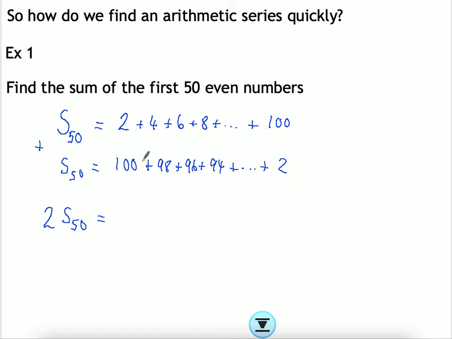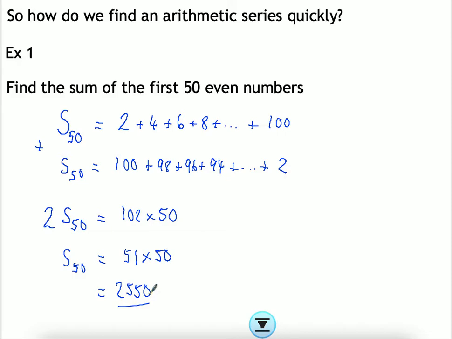But here's the really clever bit: we're actually going to get 102 every single term. So it's 50 lots of 102, isn't it? Now if I divide both sides by 2, I'm going to get 51 multiplied by 50. 51 multiplied by 50 is the sum of the first 50 even numbers.